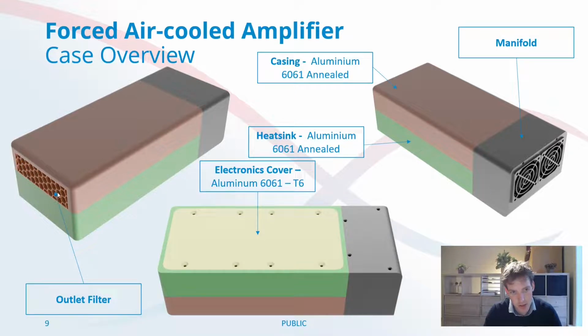If you have a look from the back side of the full assembly, you can also see that there is some outlet filter placed here, just to avoid that the dust is going into the case. That's the same reason why there are placed some fan filters over here.